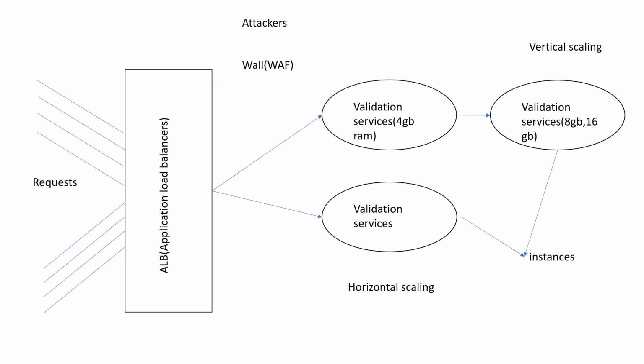When all the requests are going to these services, we may have some attackers, or you can say hackers, who might want to hack the system of the payment gateway. So it will basically make a wall, a firewall, that is the web application firewall.